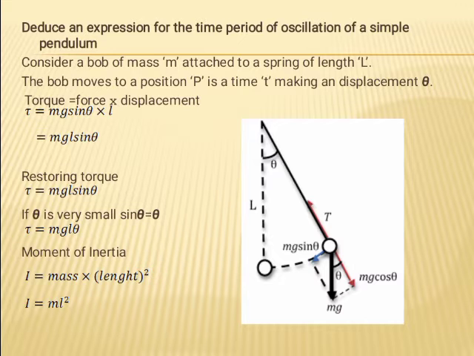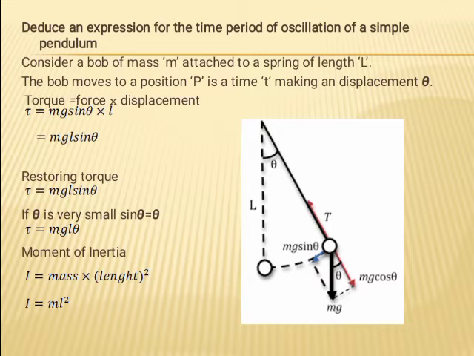Now, your bob is attached to the vertical, and there is an angular displacement theta happening. So, the bob at this position P, I can say the forces acting on the bob can be resolved. So I am going to resolve the forces.